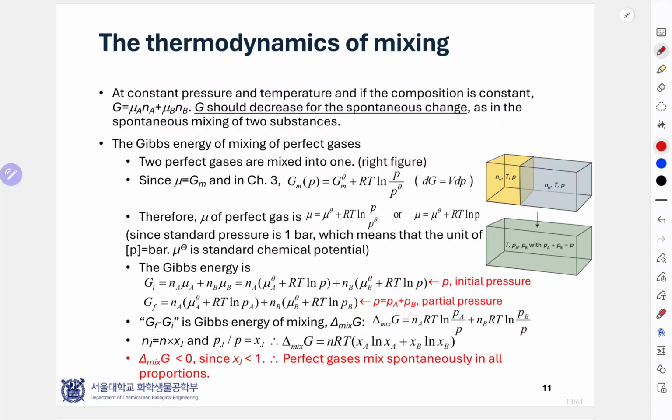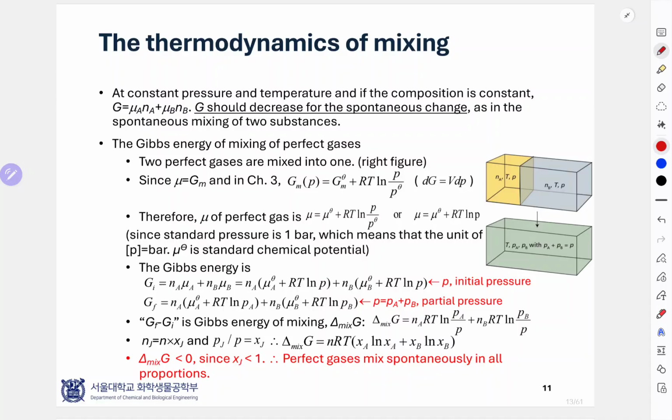But because now the components A and B exist in the same container, this pressure is the sum of the partial pressures of A and B. So p_A plus p_B is P, the pressure.